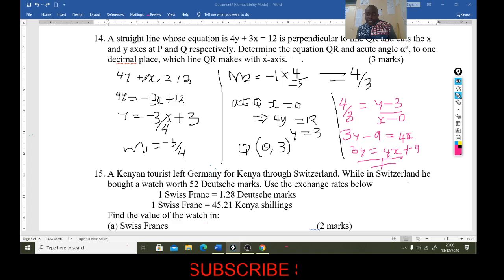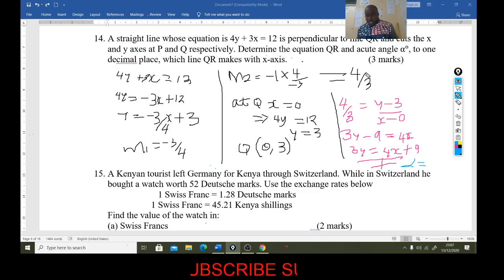Then I'm asked to find the angle alpha. We know that gradient equals tan theta.